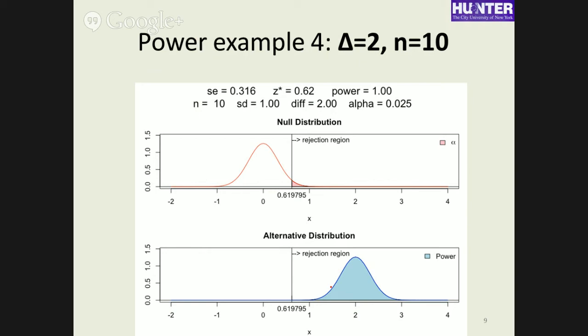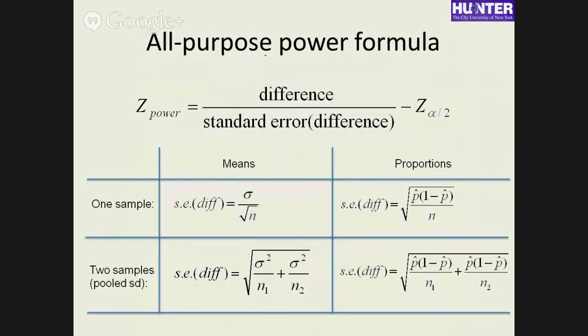That gives you a value of z, and then subtracting the value of Z for your null hypothesis.